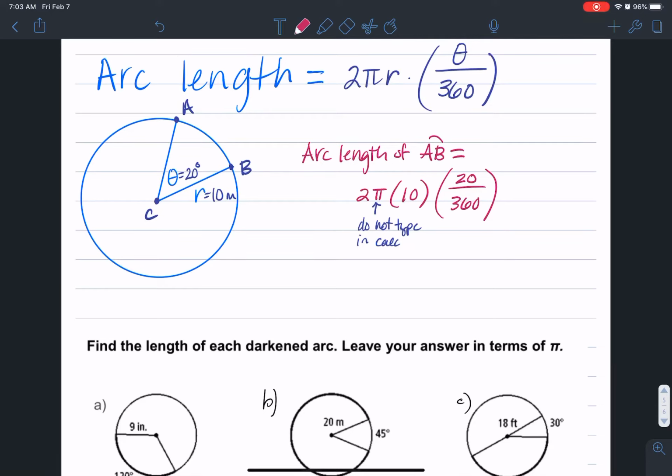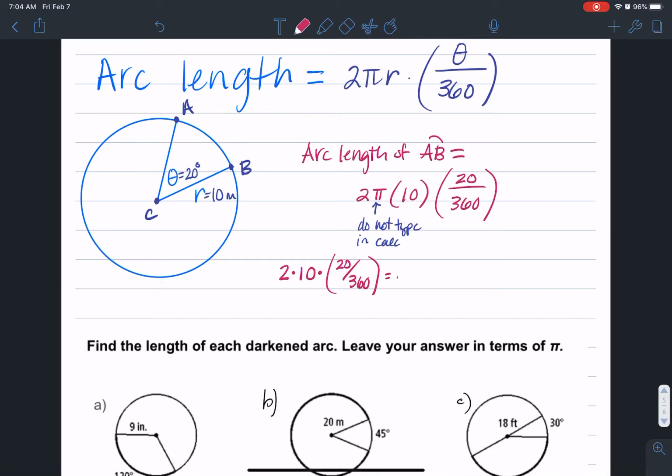In your calculator, type 2 times 10 times, and then type this whole fraction in parentheses. That's the easiest way to do it. You can do each one individually, or you can just do 2 times 10 times 20 divided by 360.